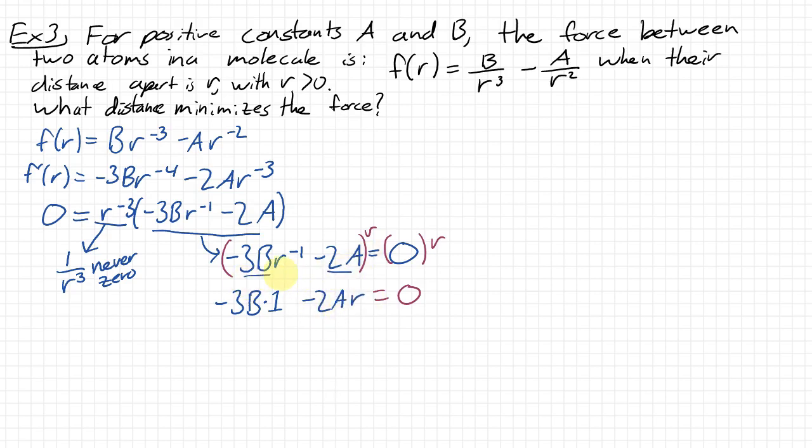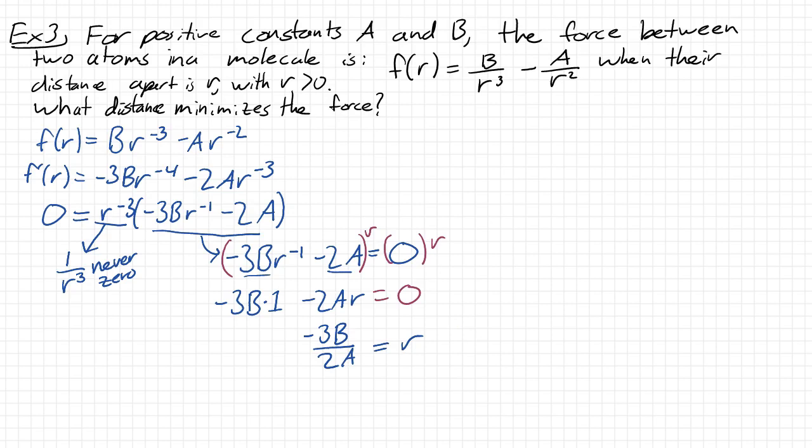In this other term, they both get multiplied by r. And then you can add that to both sides and divide everything by 2a, and you'll end up with negative 3b over 2a equals r.